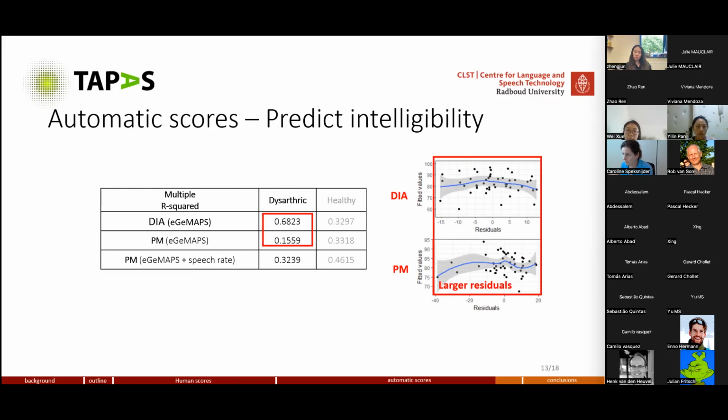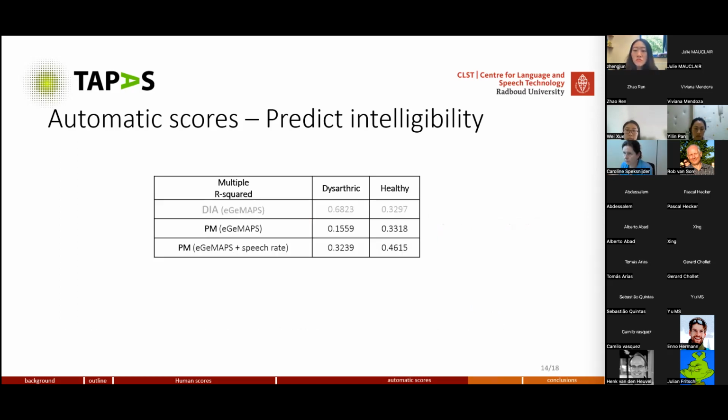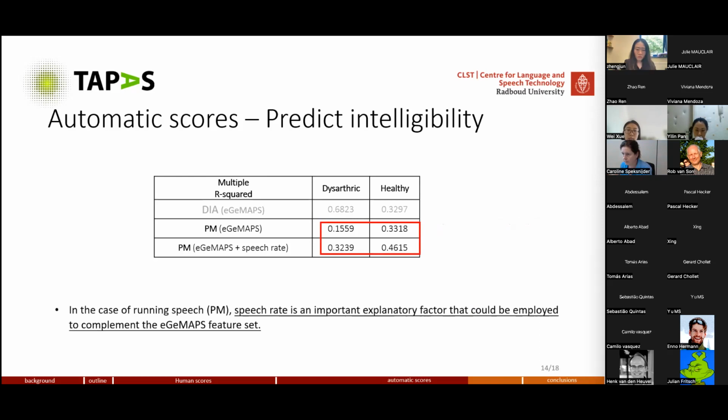It could be the case that phoneme intelligibility only reveals one aspect of general speech intelligibility for dysarthric speech. In the case of running speech, the PM text, including the speech rate related features seems to help improve the performance. And this indicates that speech rate is an important exploratory factor that could be employed to complement the eGeMAPS feature set.